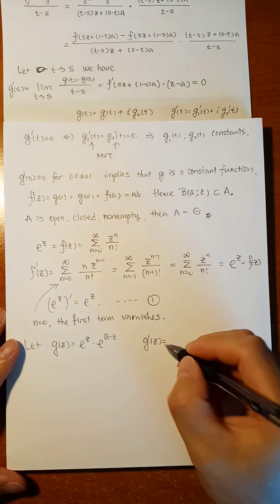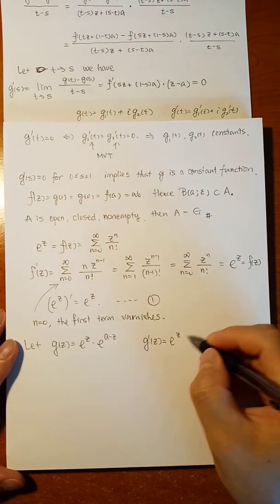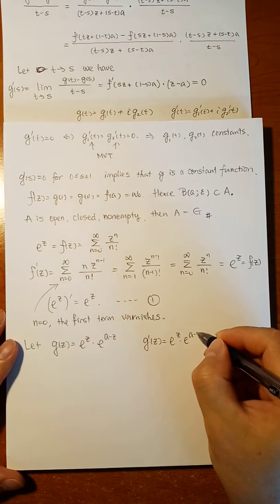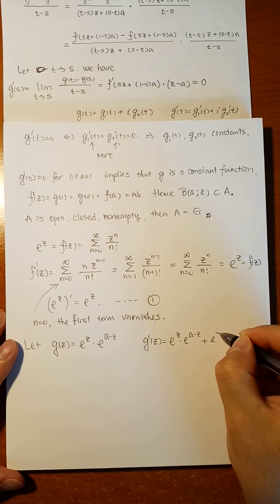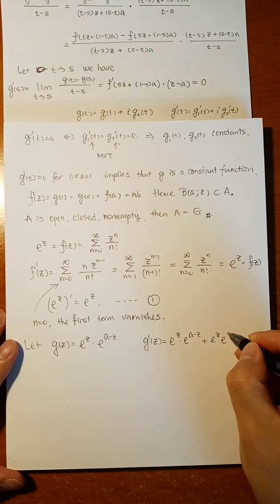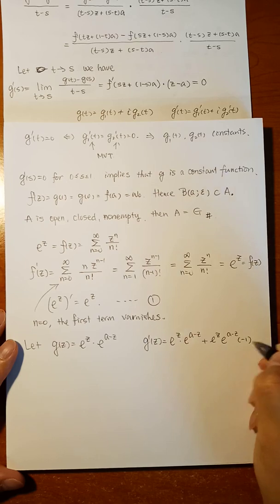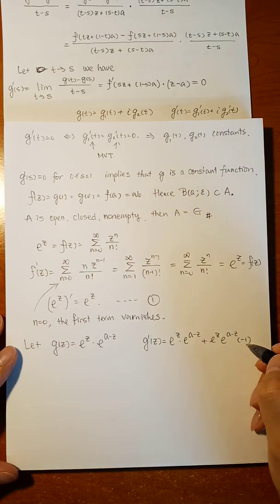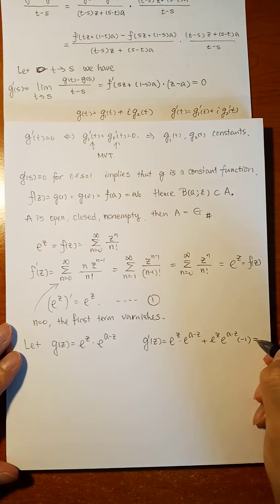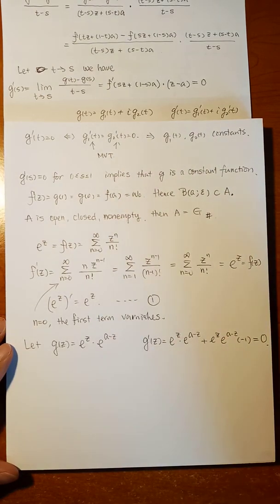So you differentiate the first one and copy the second one, plus you copy the first one and differentiate the second one. You have to apply the chain rule, right? The derivative of a minus z is minus 1, and this will give you 0. G prime of z is equal to 0.